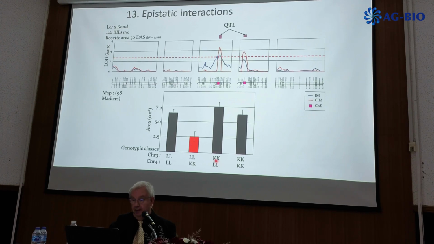If you look at the K of chromosome 3 and the L chromosome pair, compared to the Ks of chromosome 3 and 4, where Ks and Ls are the names of the alleles, then you see a dramatic difference in the effects of the QTLs, showing a clear epistatic interaction between these 2 QTLs. You also can see it here in the profile. Here is a lot more difference between them.